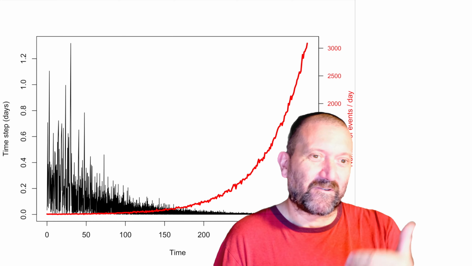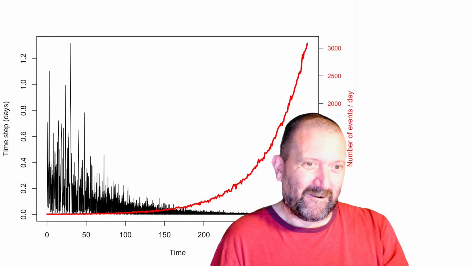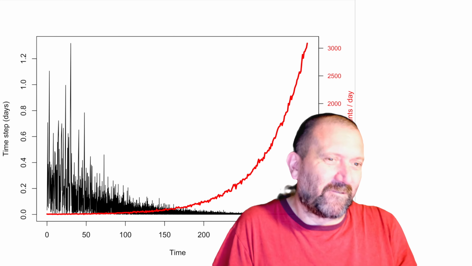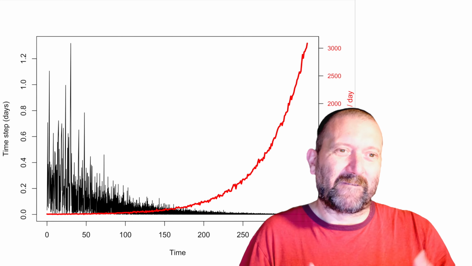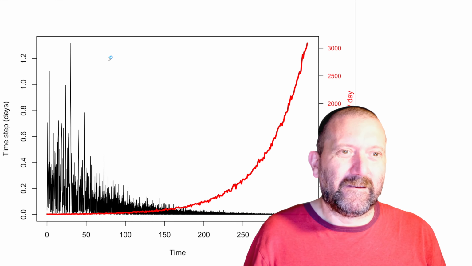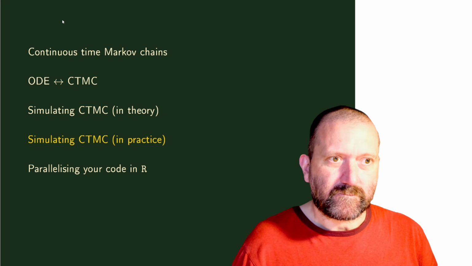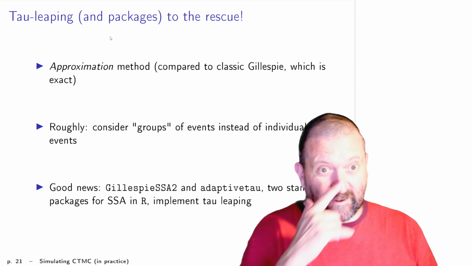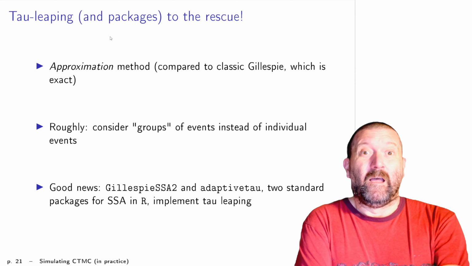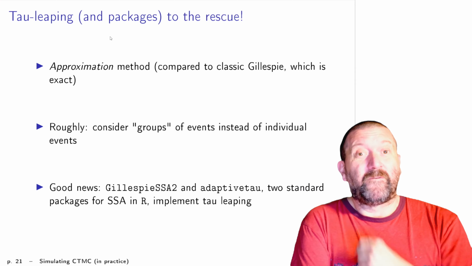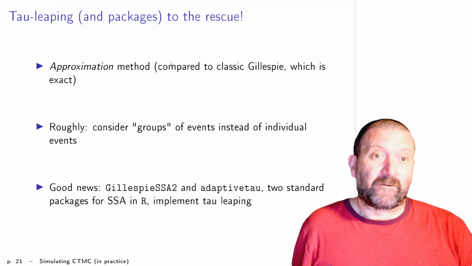That means essentially there's a jump every second in something which I was assuming was modeling something that was happening at the day time. So in practice, what do you do to simulate? When you run into this problem, there's an approximation method.